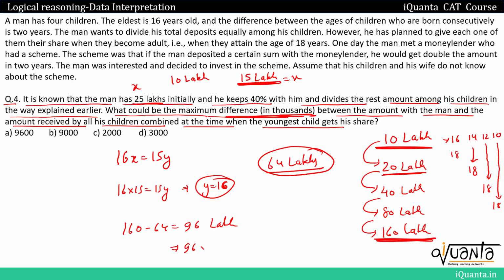So for 1000, we'll keep 10 to the power 3 aside. Lakh is 10 to the power 5, so we'll multiply by 10 to the power 2. So we'll write 9600 into 10 to the power 3. That means 9600 thousand will be the difference between the money they have at last. So option A will be the correct answer.